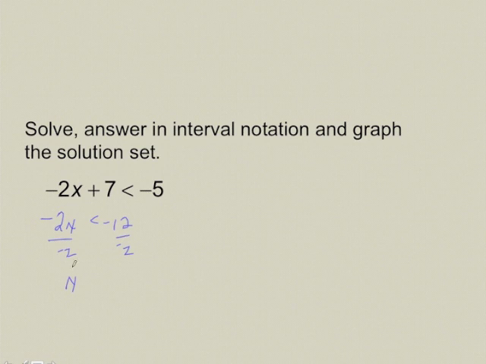Since we're dividing by a negative, it flips the inequality: x is greater than 6. In interval notation, that would be 6, parentheses because it's just greater than, to infinity. Graphing that, we would go to 6, a parentheses, and go to the right, and that would graph it.